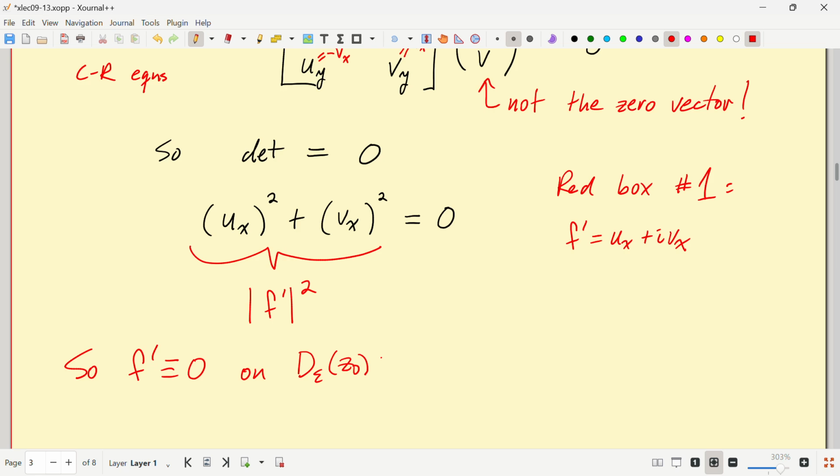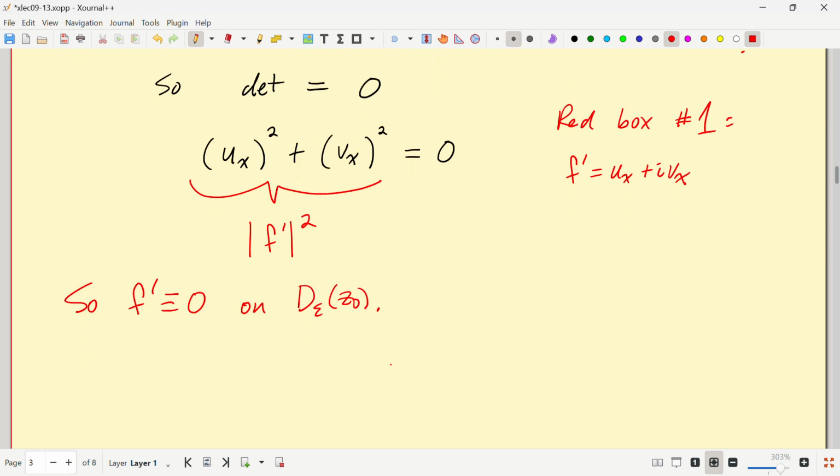I guess there are two ways I could use the identity theorem here. Since f prime is 0 on a disk, and that disk has a limit point, f prime would have to be 0 on the whole omega, because its zero set has a limit point. And if f prime is 0 on all of omega, then f is constant on omega because it's connected. Proved that before. So maybe that's the smartest way to do it.